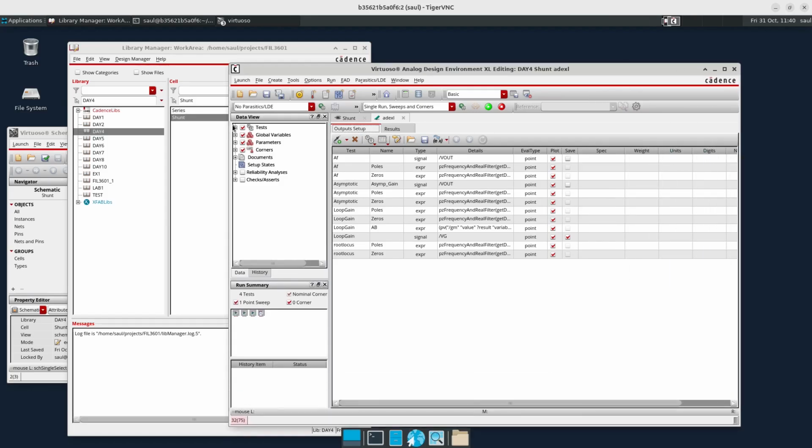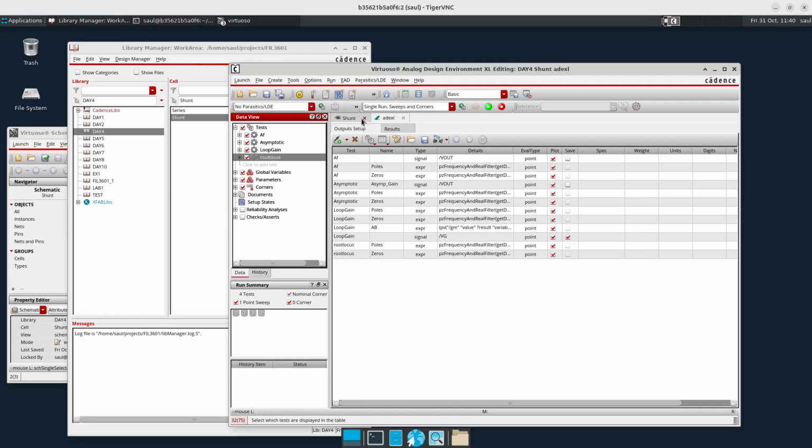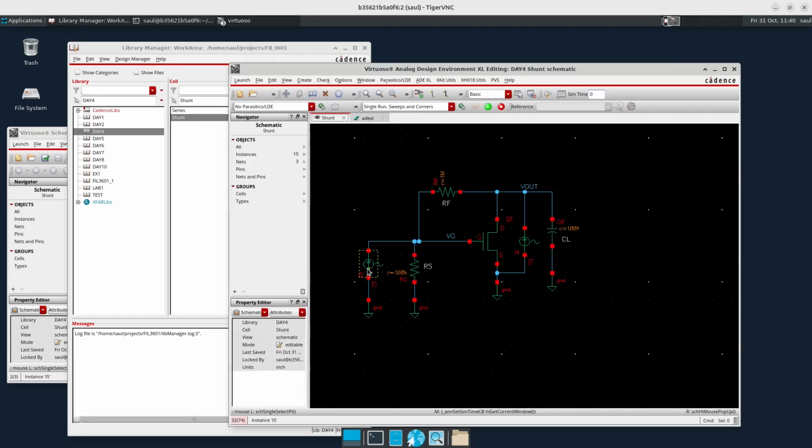We use 4 tests: one for the closed loop gain, asymptotic gain, loop gain, and we do a root locus. And the main idea is that now for the closed loop gain, we set the source to 1 and the test current to 0, and then we just calculate the transfer function Vout here.